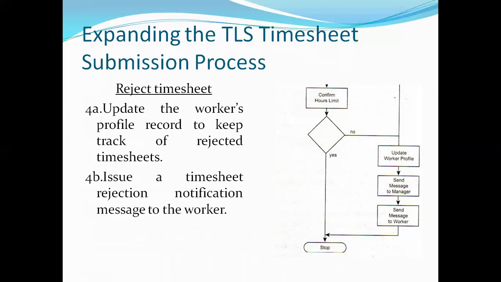Then issue a timesheet rejection notification or message to that worker or employee, and issue a notification to the worker's manager. These workers or employees work under a manager, who is assigned to each and every worker. So they also send a notification to the manager that this timesheet is rejected for a particular reason.